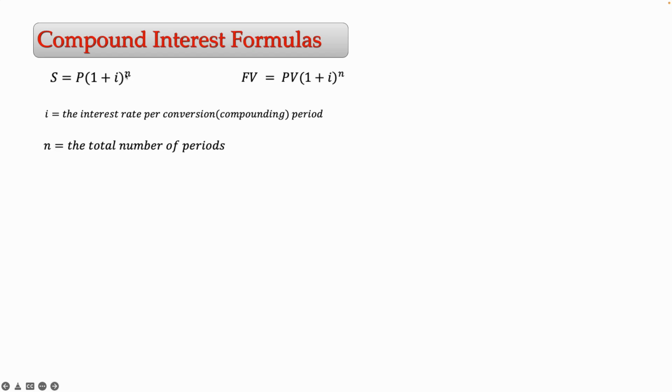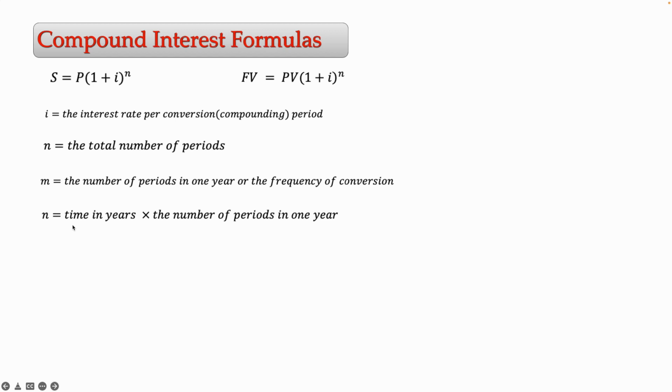And n is the total number of periods, the total number of periods in the term, in the whole time when the money was earning interest. M is just, as I told you, the number of periods in 1 year. This is the frequency of conversions. So n can be computed by multiplying the time times the number of periods in 1 year.